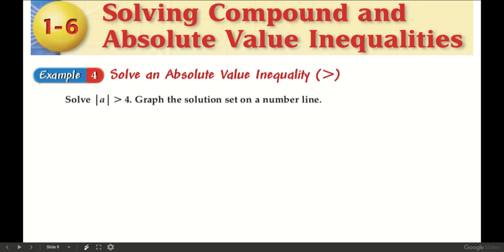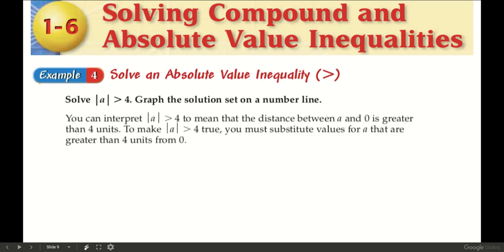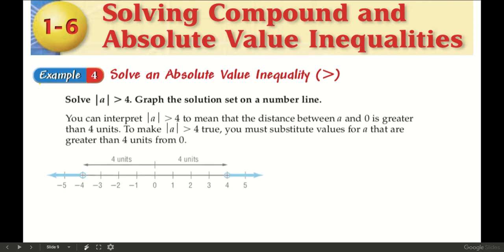So let's look at this example. So now they want us to graph an absolute value of a that is greater than 4. So again, whatever value a has, its distance from 0 has to be greater than 4. If we look at that solution set on a number line, it's much easier to see. So here's my number line that represents all the values of a, where the distance from 0 is going to be greater than 4, right?